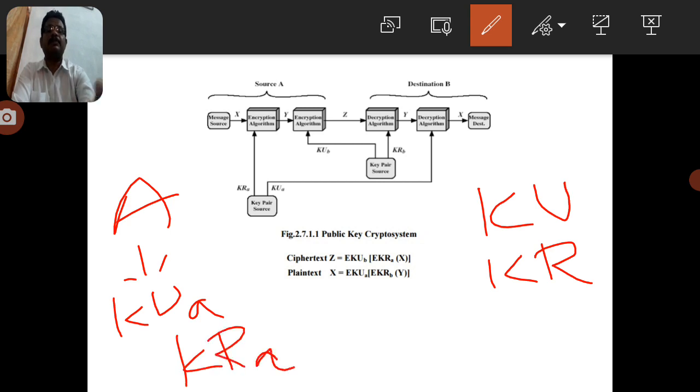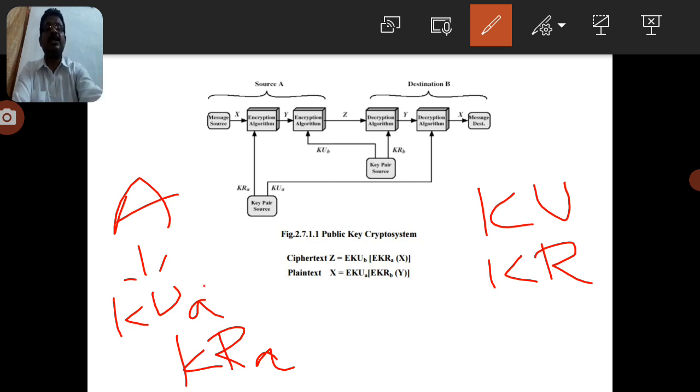This is related to user A. Similarly, the other party, user B, also generates a pair of keys, KUB and KRB. The suffixes A and B represent the identification of user A and user B.